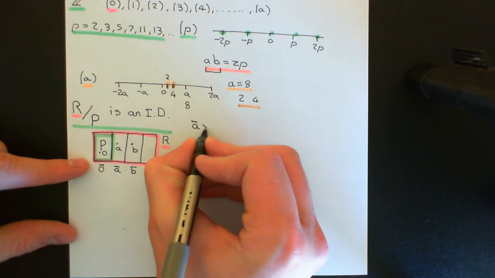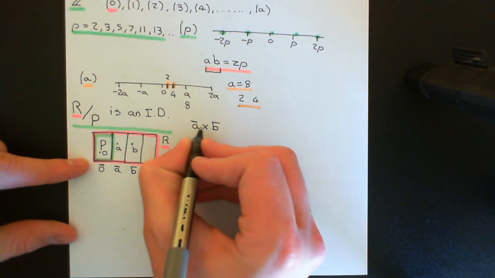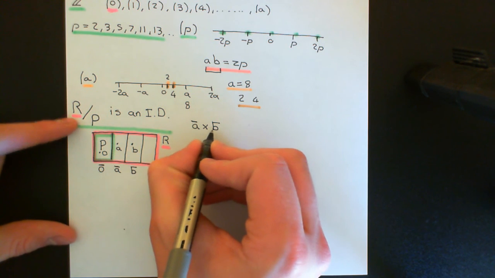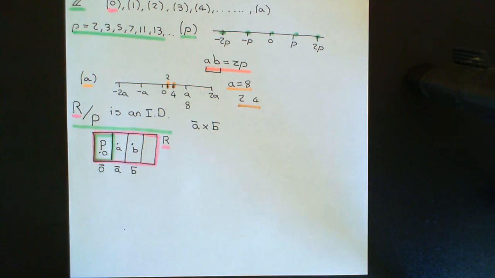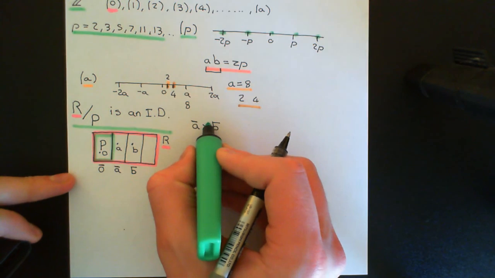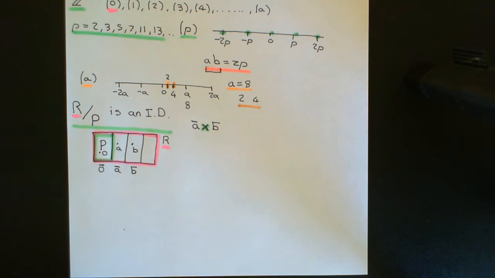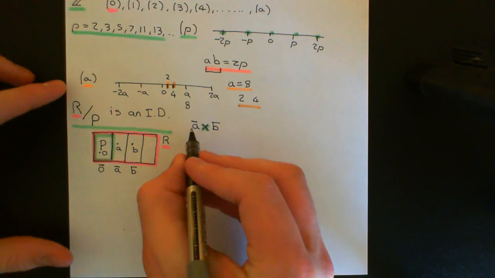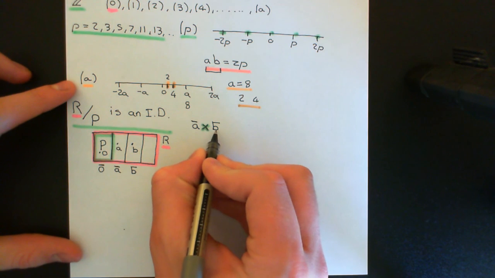Okay, so if I multiply together the cosets A bar and B bar, which are my two arbitrary non-additive identity cosets, how would I actually do this in my quotient ring? Well, of course, the way it works is that you reduce it down into multiplication in the initial commutative ring. So you take a representative from here, take a representative from here.